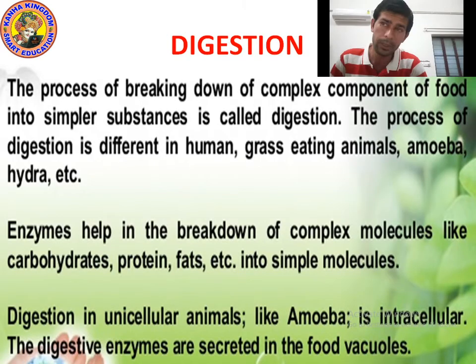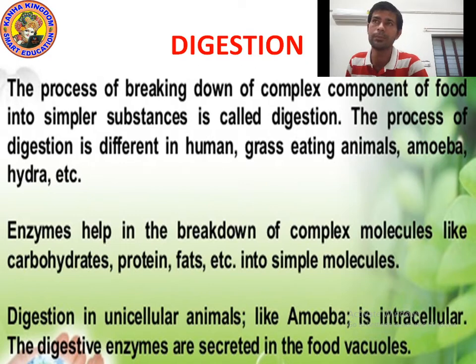So you already know about it, kids. What is digestion? The process of breaking down complex components of food into simpler substances is called digestion. If you didn't write it, you can write it now. We know that we eat different kinds of things like carbohydrate, protein, fat.